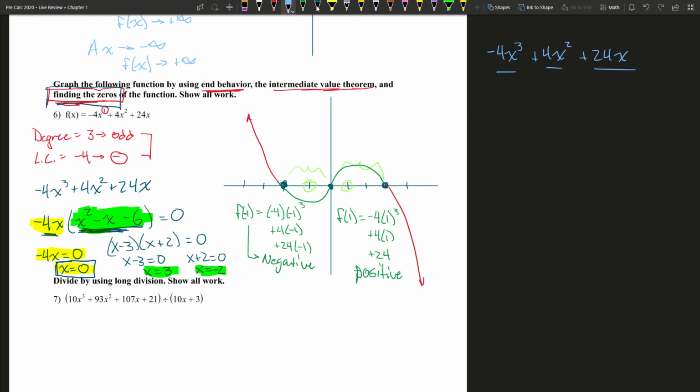All right, so if we pull out negative 4x from each of these terms, we're left with positive x squared minus x, and then minus 6. When we're finding the zeros, we're setting these things equal to 0.